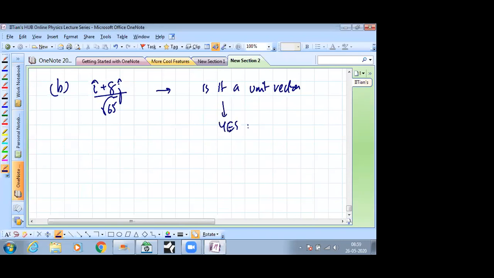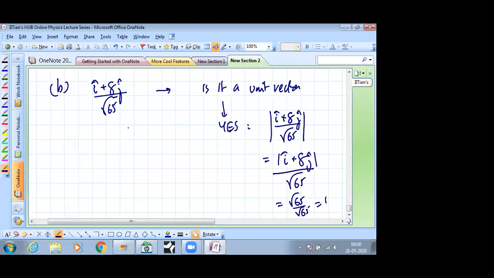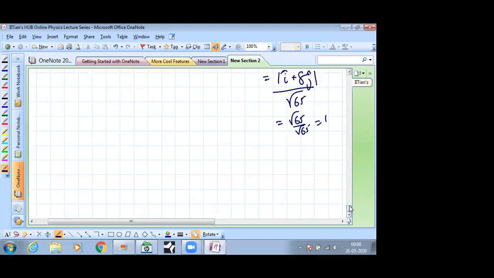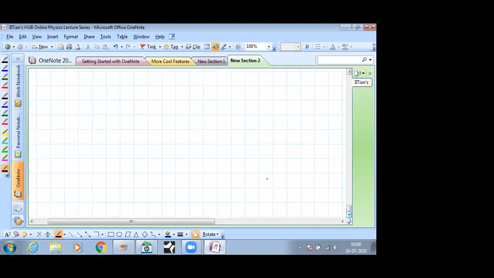We just saw, because mod of i cap plus 8j cap divided by root 65 will become mod of i cap plus 8j cap, the whole thing divided by root 65. And we just saw that this is root 65, which is equal to unity. So that's the first thing. Is it a unit vector? Yes, the answer is yes. Now the next thing is, is it perpendicular to that resultant?